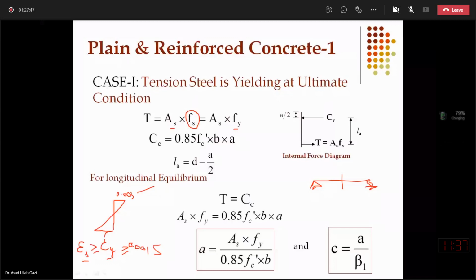Suppose you get that your strain was, on a grade 300 steel, when concrete is at 0.003 on top, steel strain was 0.005. So excessively yielded. It is grade 300 steel, obviously much more than 0.0015. But in force equilibrium, you will not be using stress more than Fy. You will still use As Fy.